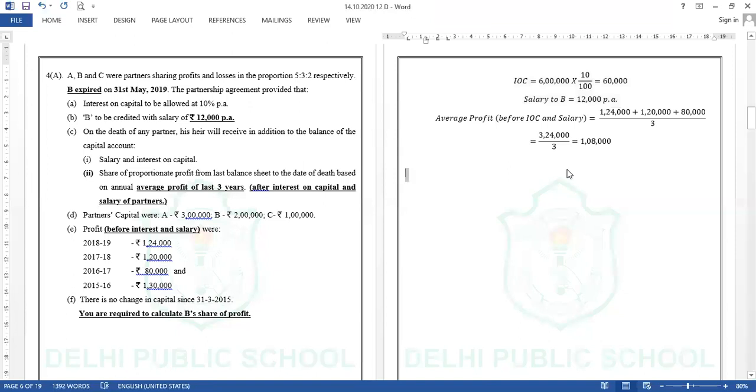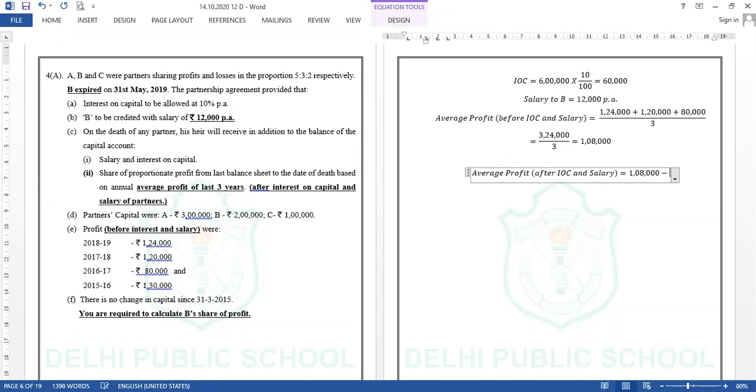So let me have the average profit, and in bracket let me write after interest on capital and salary. That will be equal to average profit, before it was 1 lakh 8, and I know interest on capital of 60,000 is to be deducted and salary of 12,000 is to be deducted. So what is the net amount left now? 1 lakh 8 minus 60 minus 12, 72, 36,000. Okay, 36,000 is the average profit.